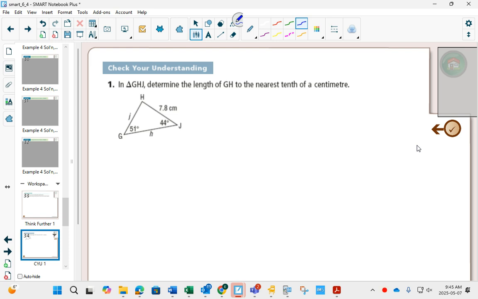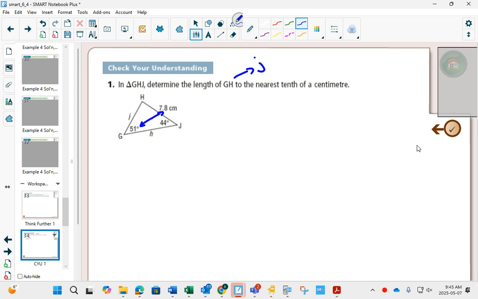So here, we have a side and an opposite angle. And it says, can you find the length from G to H? Can you see that G to H is the little letter J?